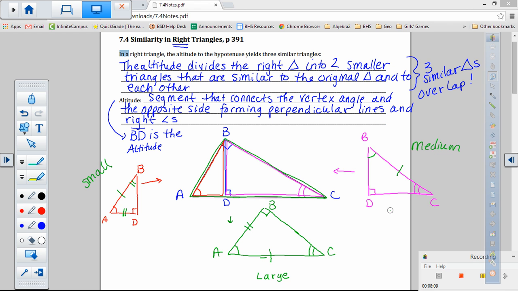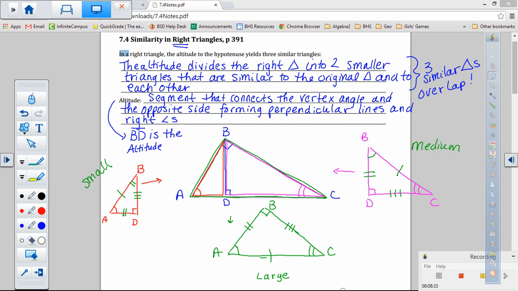And then the last triangle, 1 bar and the right angle, those. And then the third sides would be the sides that are between the 2 bars and the right angle. 1, 2, 3, 1, 2, 3, 1, 2, 3. Okay? Corresponding sides, corresponding angles.